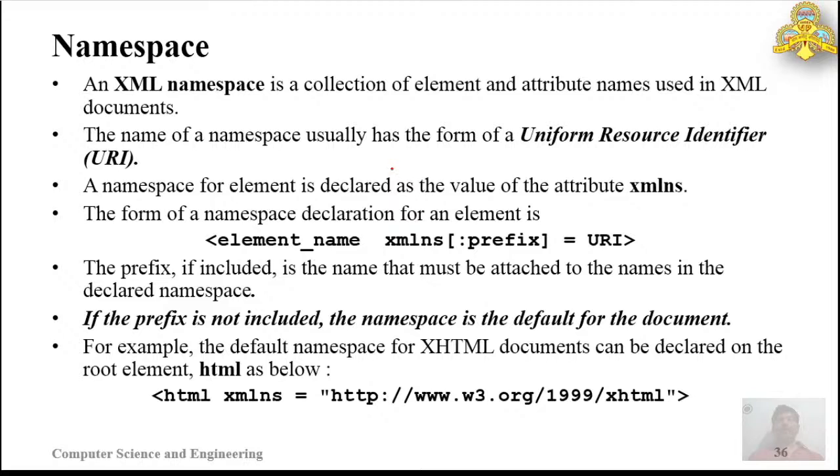Okay students, now we'll start with some information about namespace. Before explaining the XML namespace, that is XML schema, we have to discuss namespace. Namespace is a mechanism to provide accessibility of different variables having the same name.